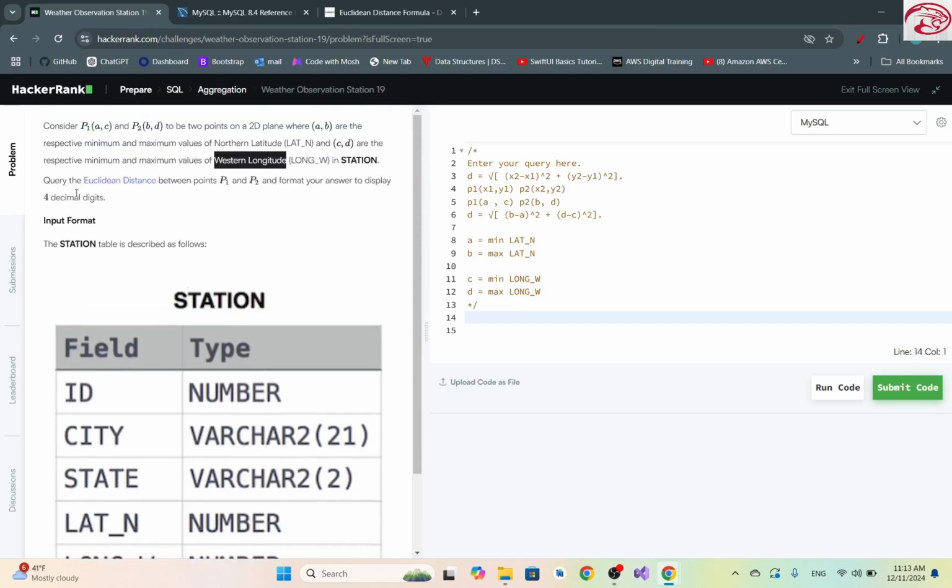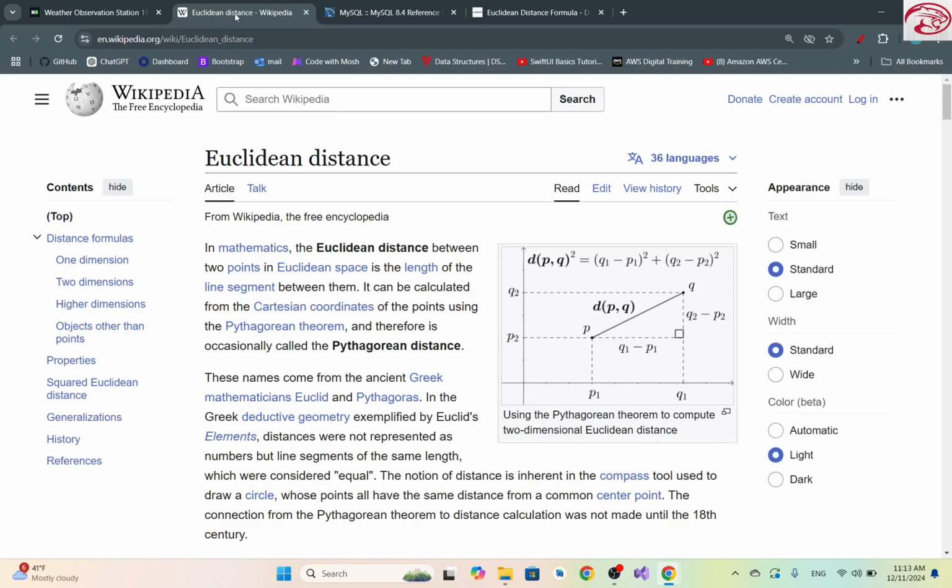We are asked to query the Euclidean distance between points P1 and P2 and format your answer to display 4 decimal digits. So let's see what Euclidean distance is. Let's open this link.